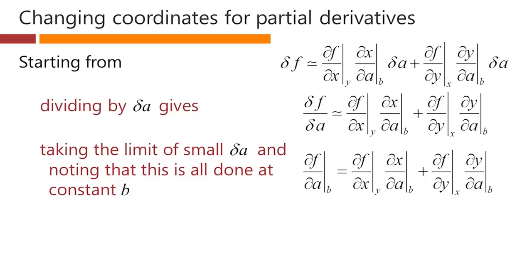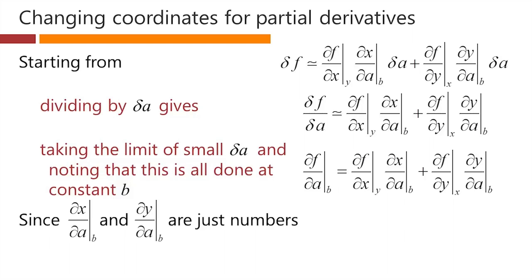So given that we knew these gradients, partial df by dx at constant y and partial df by dy at constant x, we can figure out the gradient along the a direction at constant b, partial df by dA at constant b. What we have to know are these two partial derivatives, partial dx by dA at constant b and partial dy by dA at constant b. So now we've achieved what we wanted to do. We knew these gradients and we wanted to figure out this one.